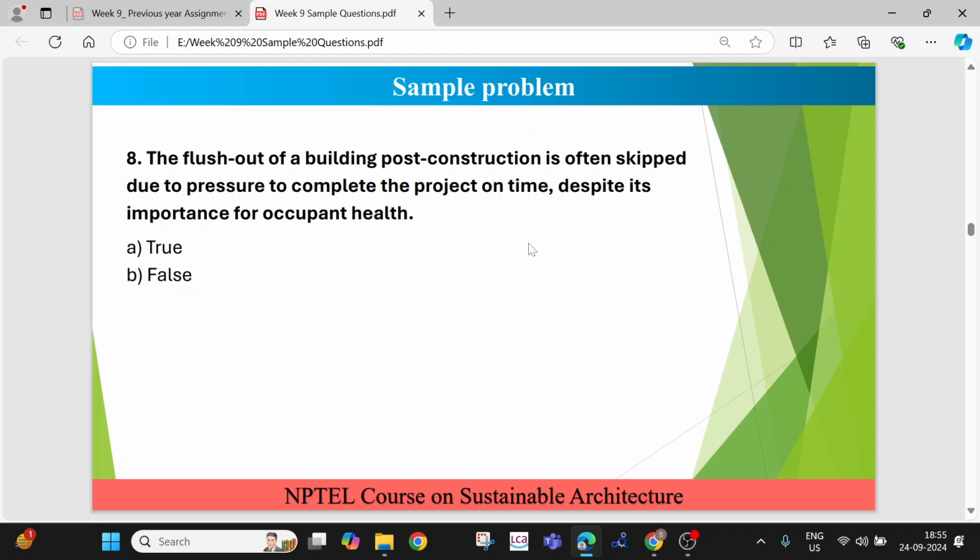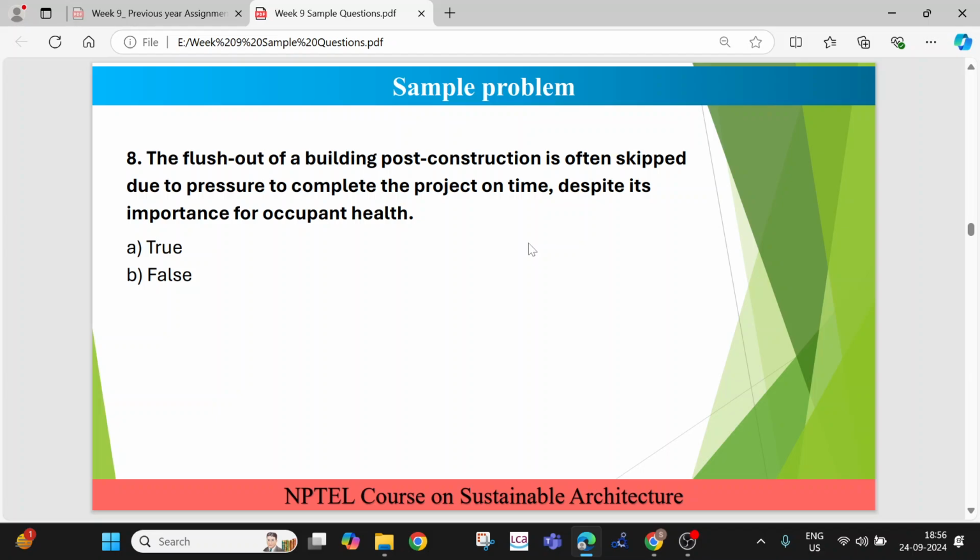It is just asking about despite its importance for occupant health. If you are trying to flush out the building post construction, then you will have to choose the options where you want to skip it, or you want to do it. These building flush outs are very crucial for removing the contaminants, from the definition of this one also.